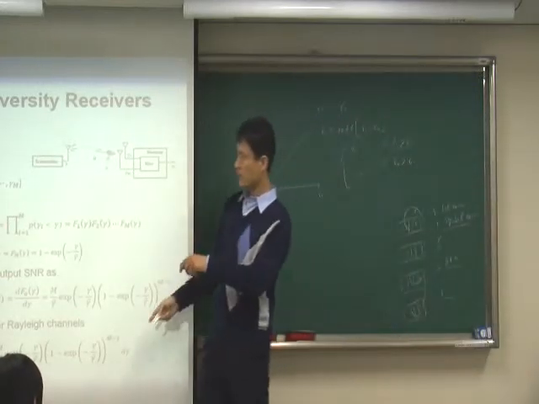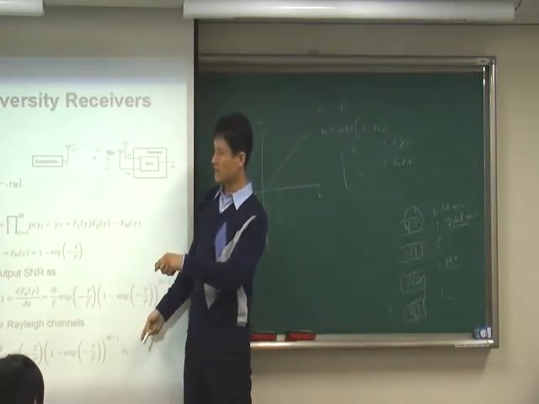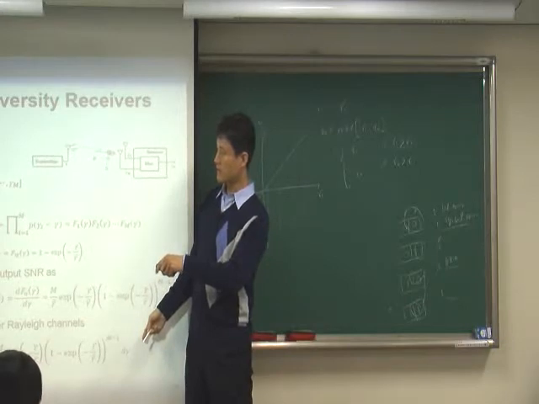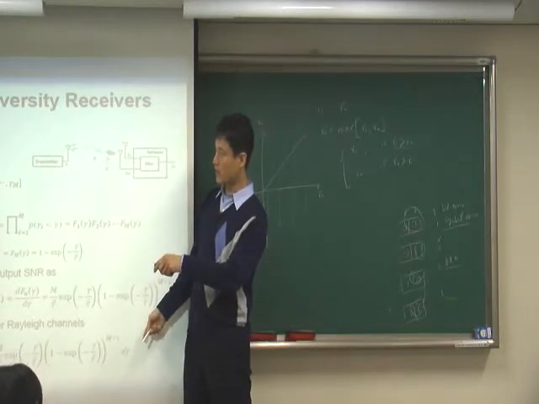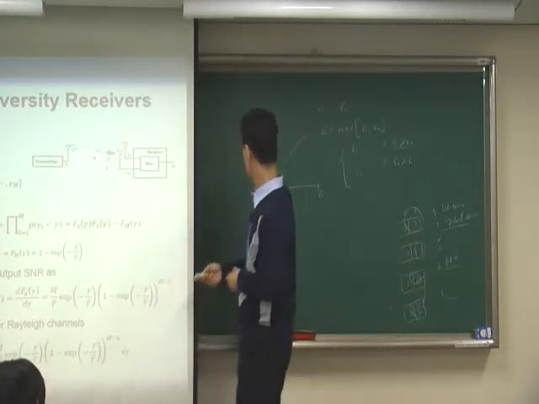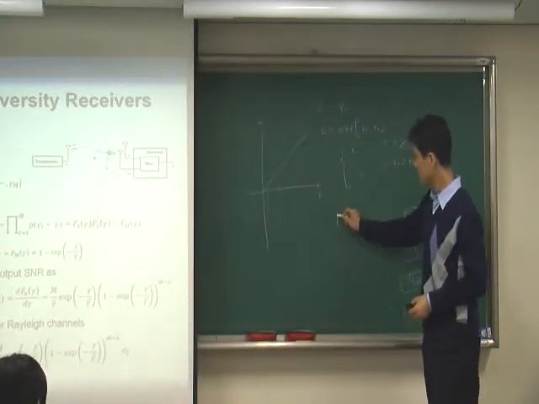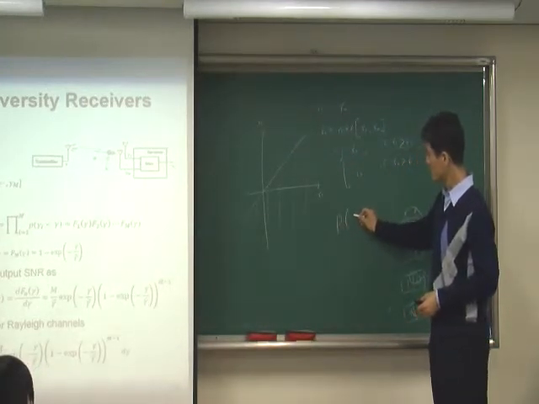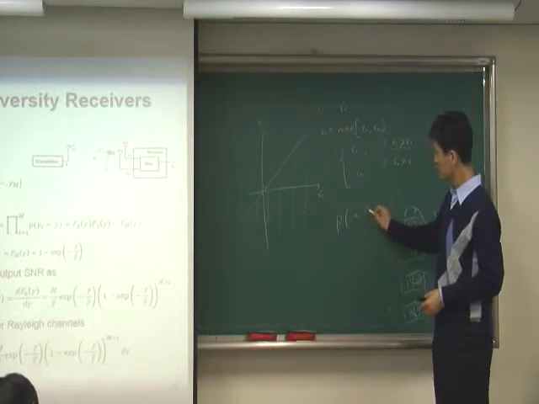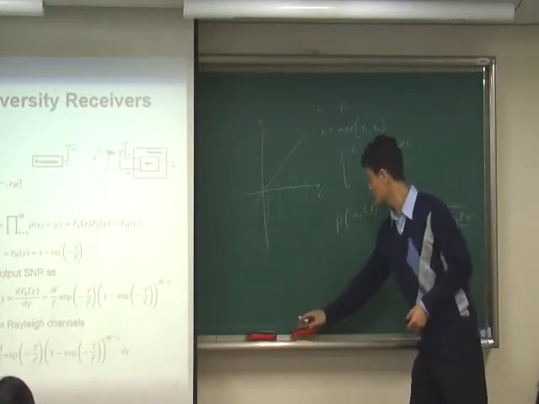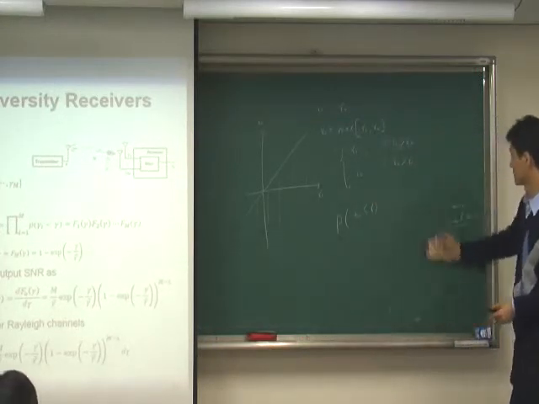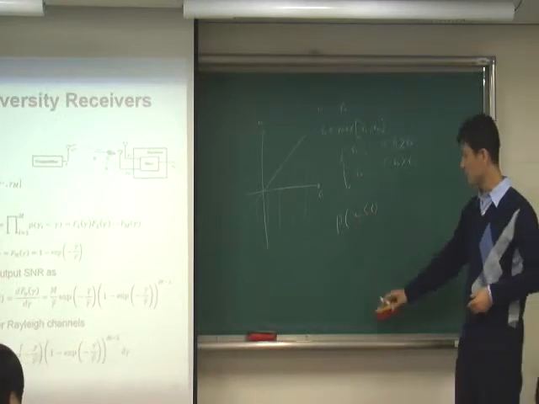And as you see, we are talking about a CDF. Therefore, we have to think about the probability that your output is less than gamma. Your output is less than gamma, that's a CDF.